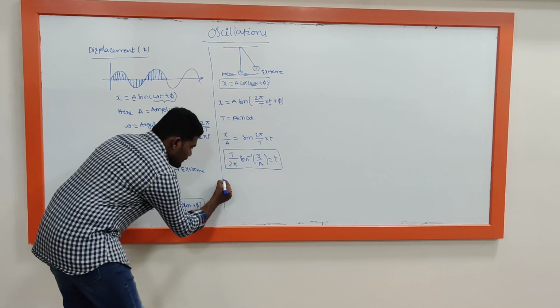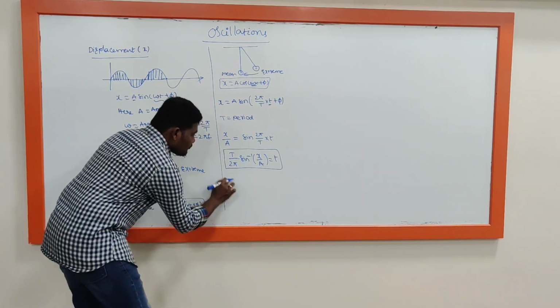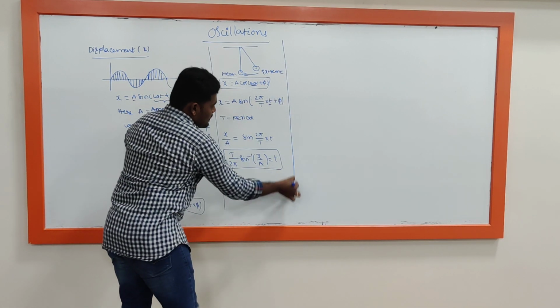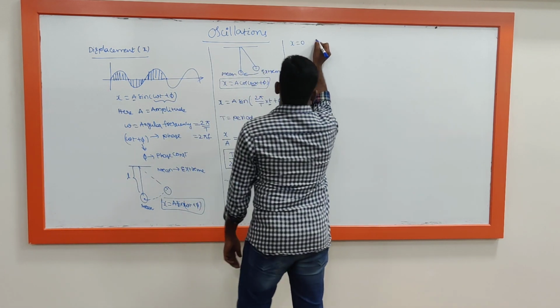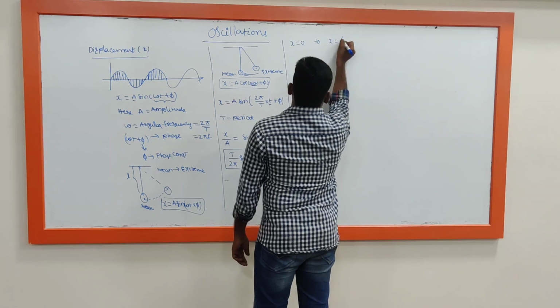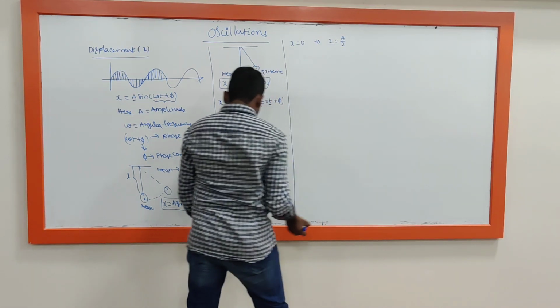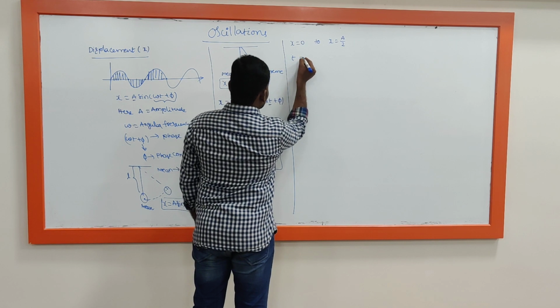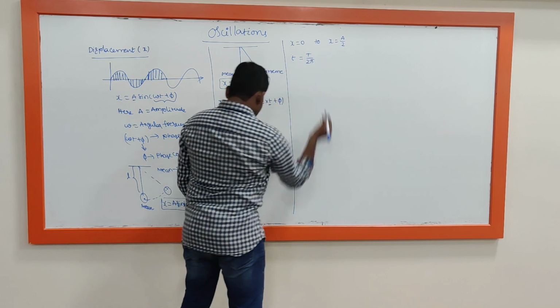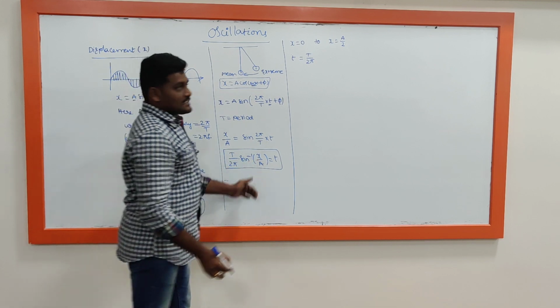Suppose a particle is at mean position, x equal to 0, and it is moving to amplitude a by 2. Then t1 equal to T by 2 pi into sine inverse of x by a, where x equal to 0, so total is 0.